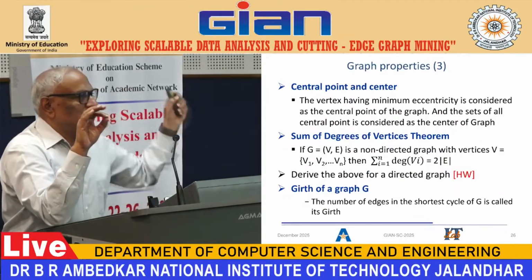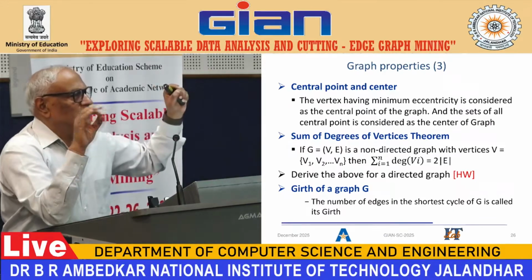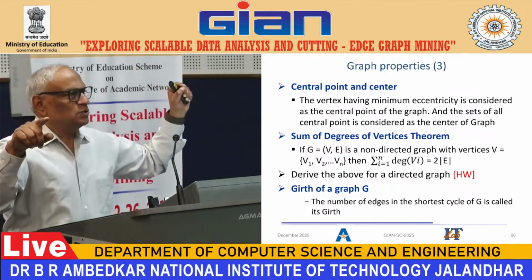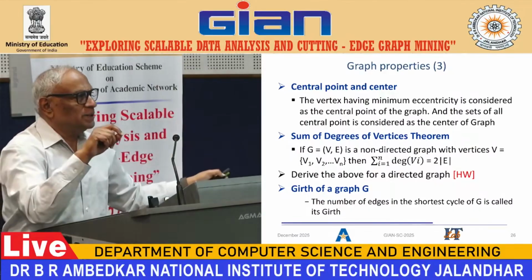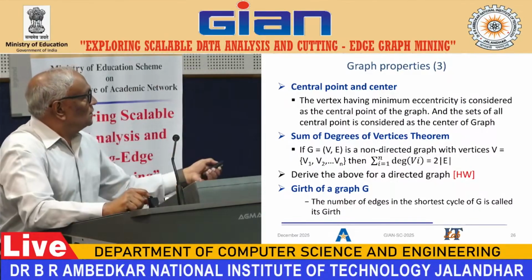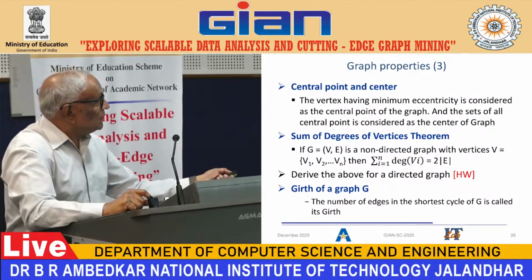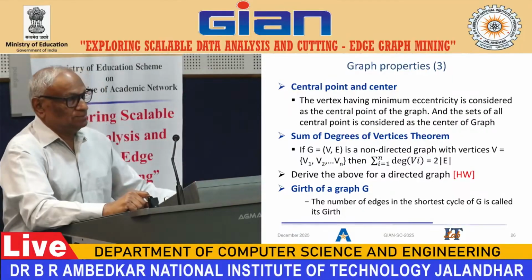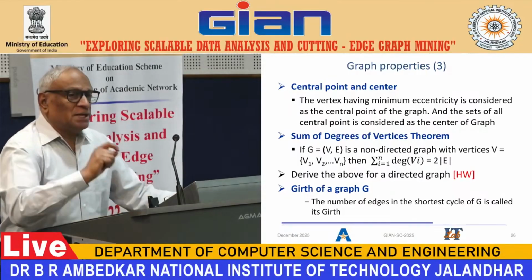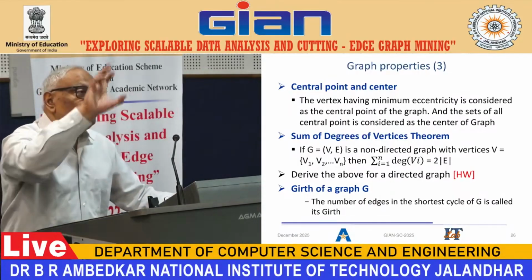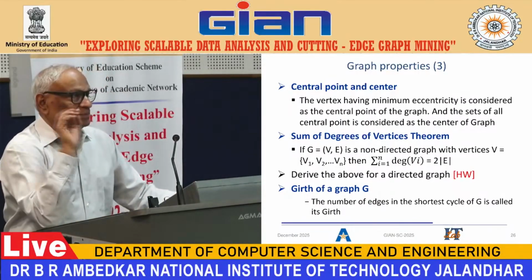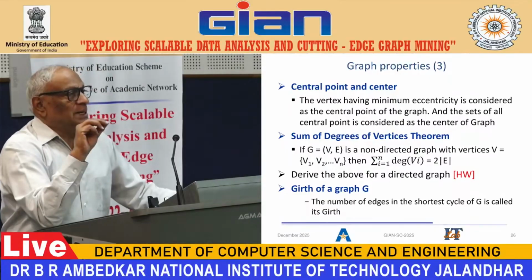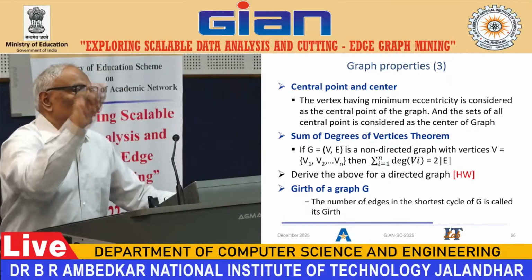If you take a point on the edge, it has a long distance to other nodes. If you take a point in the center, it doesn't. So the vertex having the minimum eccentricity is considered the central point of the graph. It has the minimum distance to any point in the graph.